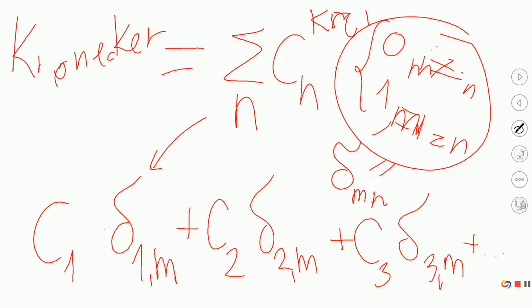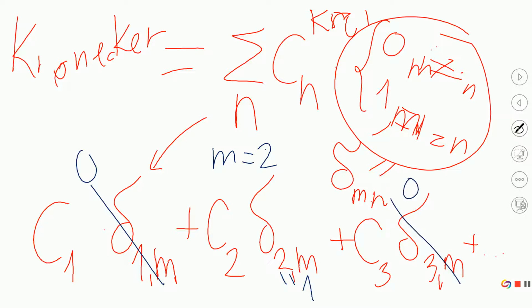So as an input for the symbol, we put the value of m. Suppose m equals 2. Then this one will be 1, and those will be 0. Right? So instead of C1 plus C2 plus C3, it will be only C2. So this procedure parses only one out of a long list.